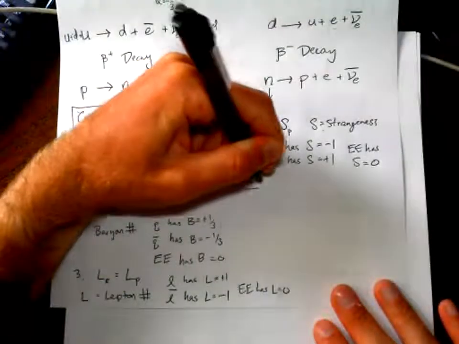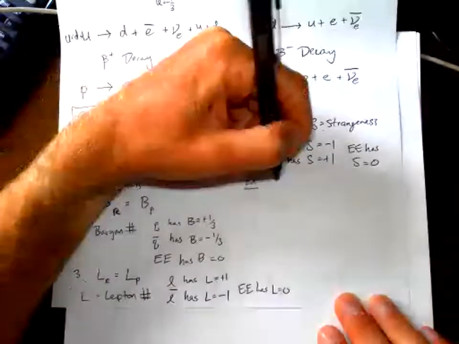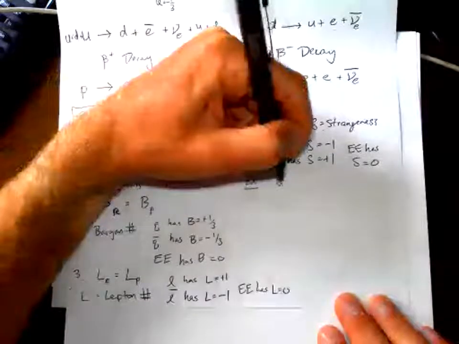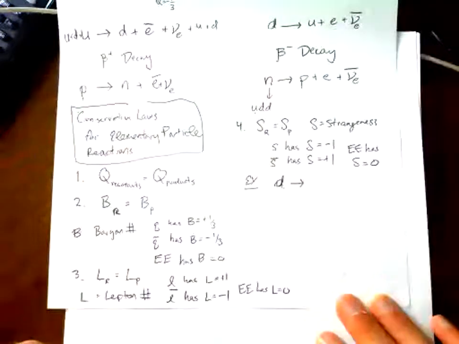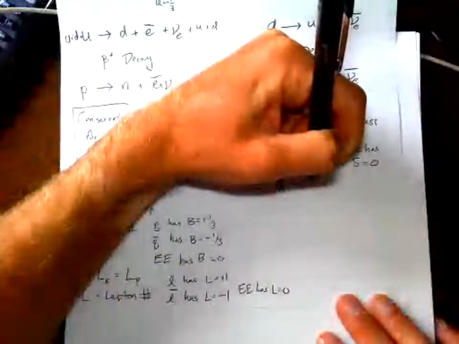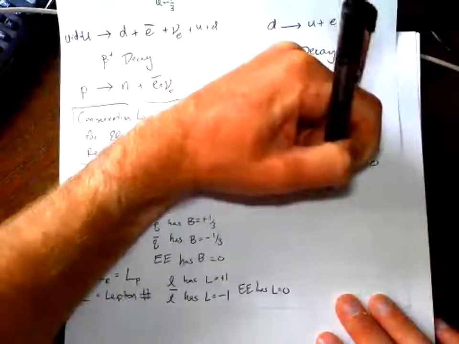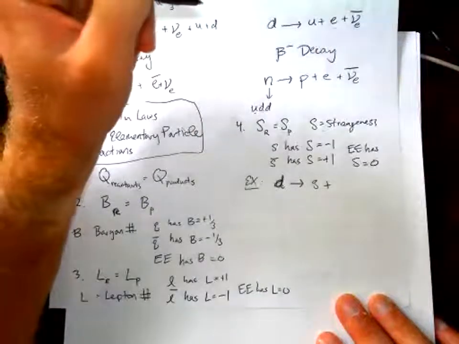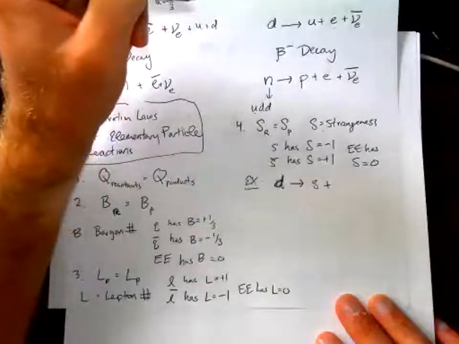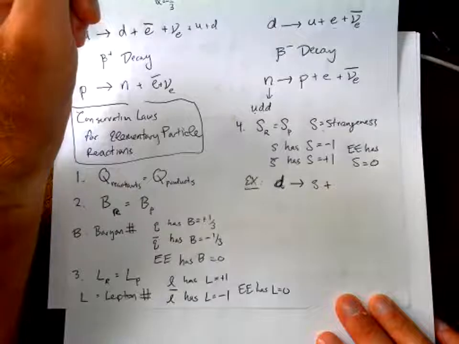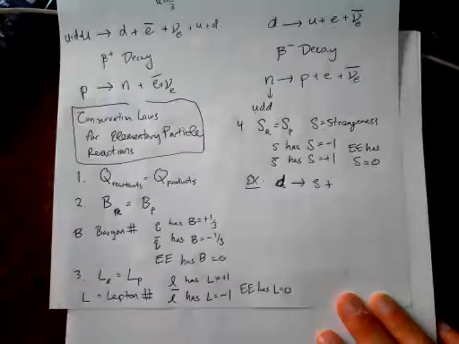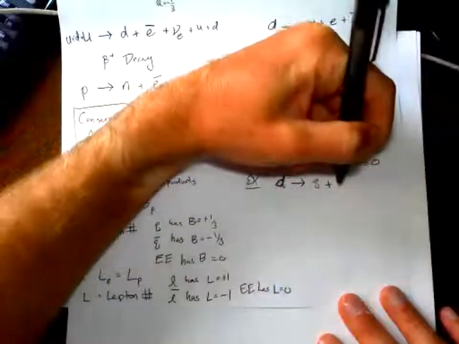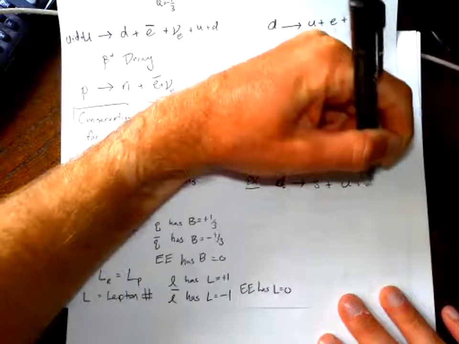Let's look at a reaction where a down quark becomes a strange quark plus, let's say, an up quark plus an anti-up quark.